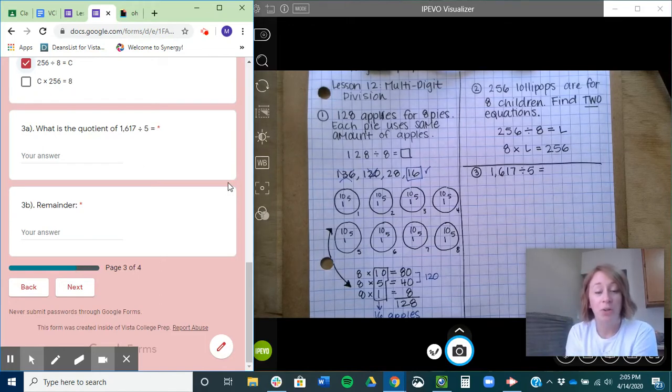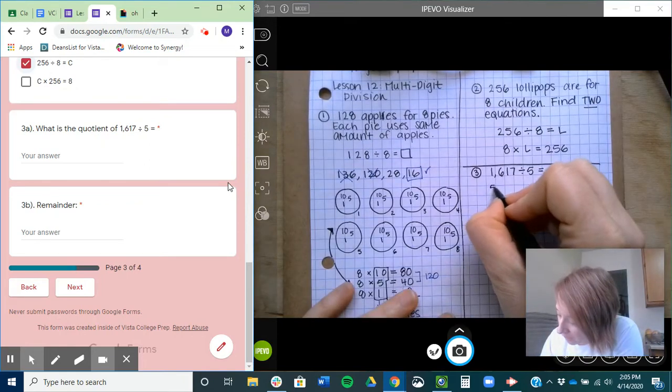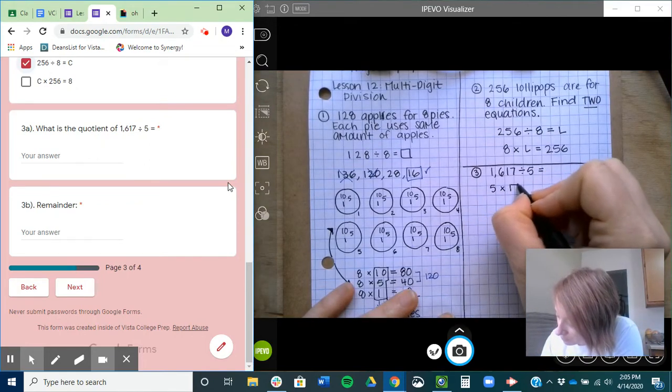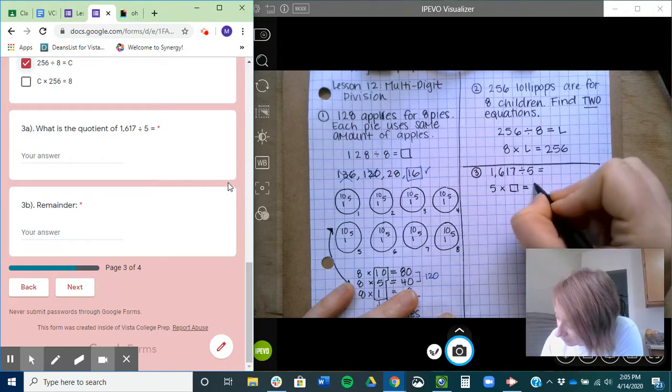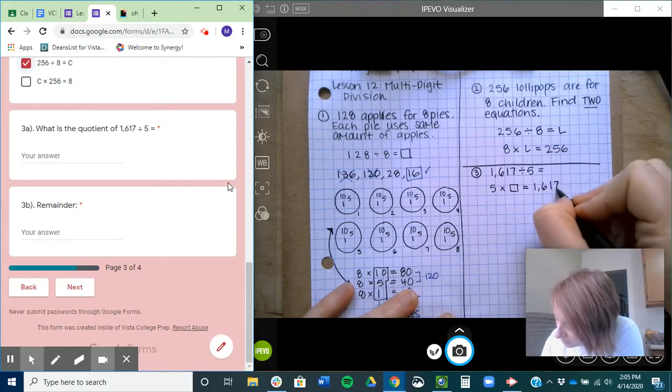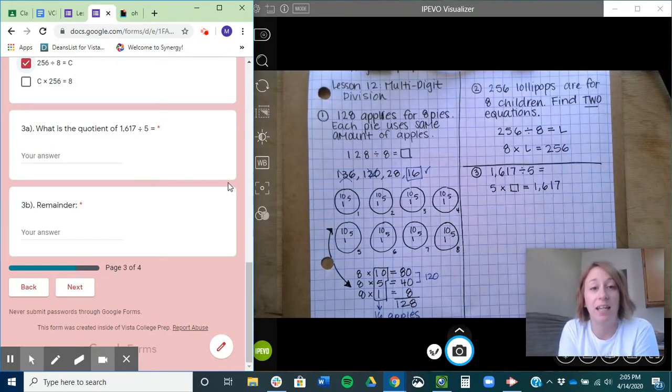Since we know that multiplication is the opposite of division, we could think of solving this number sentence as 5 times something gets us to 1,617. So we need to think of what we could multiply 5 by to get us as close to 1,617 as we can.